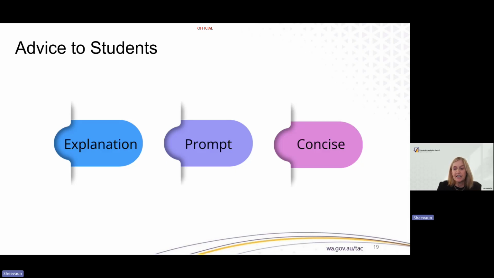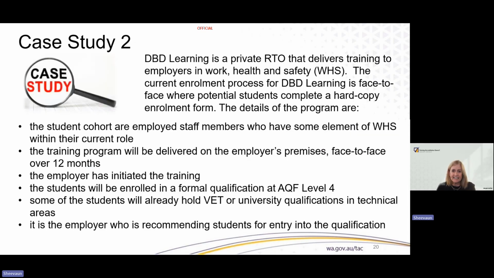So what I want to do is take a look at a couple of case studies. This first case study is to give you an idea. This is DBD Learning. It's a private RTO and delivers training in work health and safety. The current enrolment process is face-to-face, where the students complete a hard copy of an enrolment form and gather all the information that we need for event-based reporting.